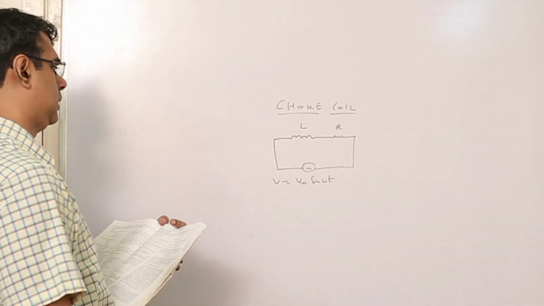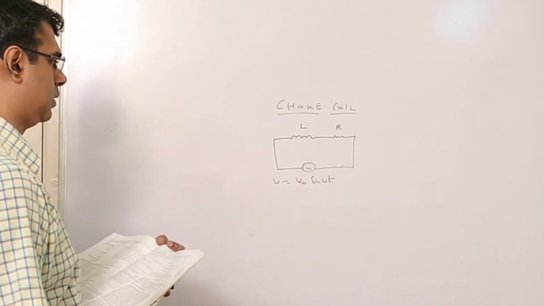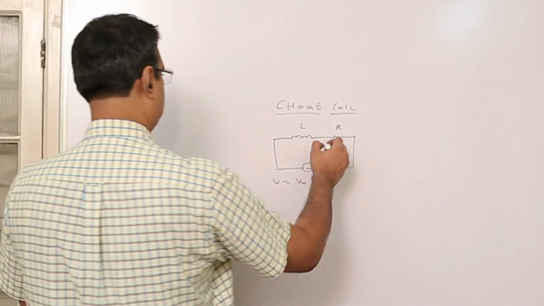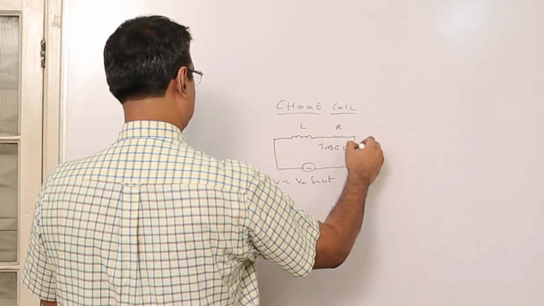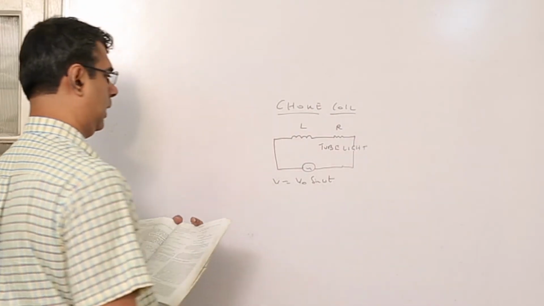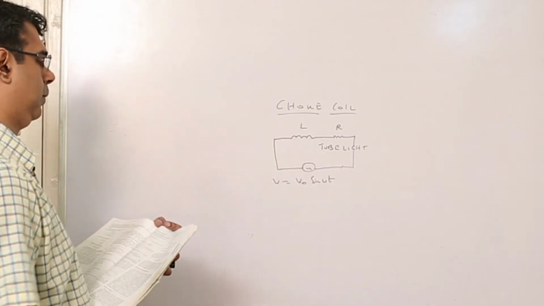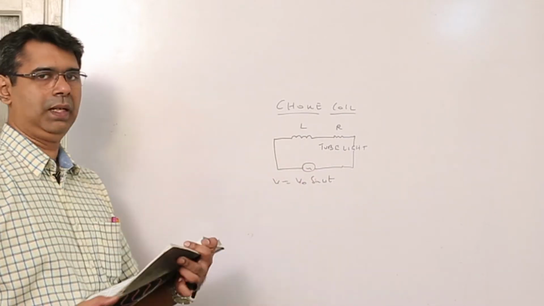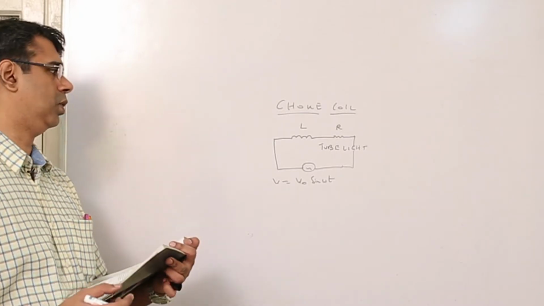Suppose you have a circuit in which the supply voltage is V0 sin omega t, and let us say that in this circuit you are using a tube light whose resistance is R. The problem is that tube lights cannot function at 220 volt supply voltage.